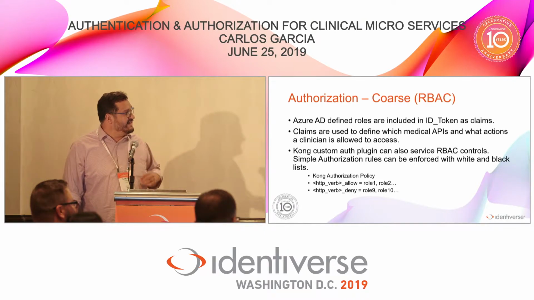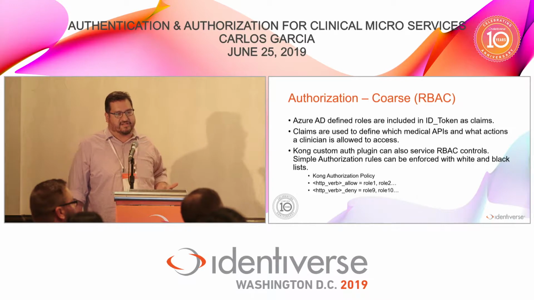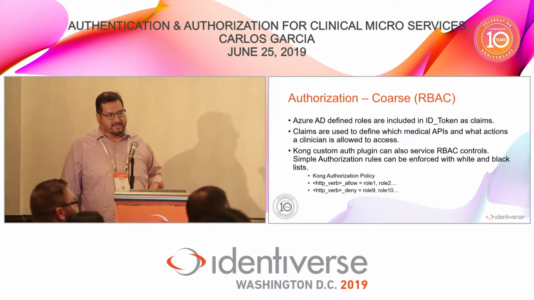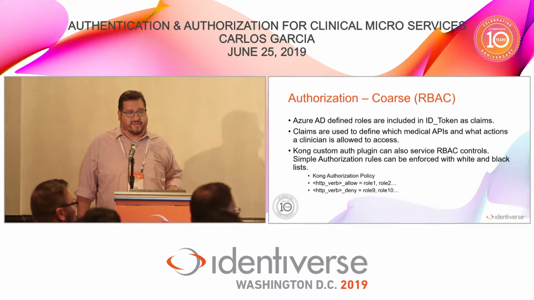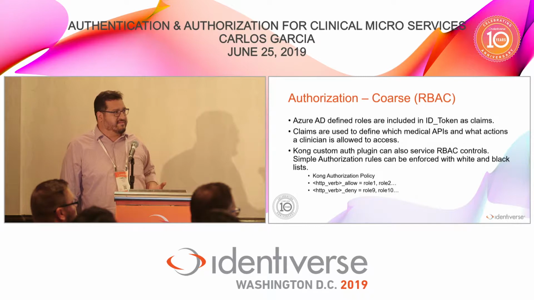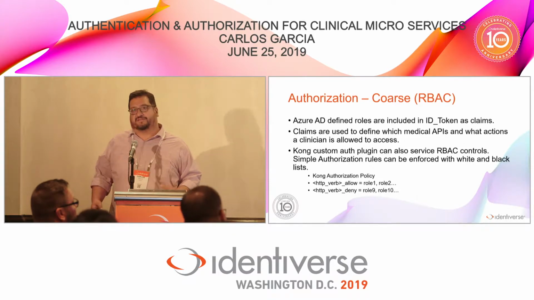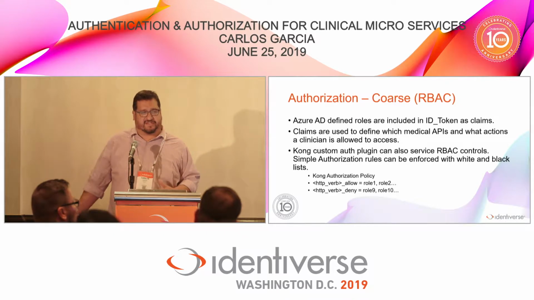Anyway, so next, getting into the coarse grain. So great, there's the basic authentication. Now, if you want to do some level of authorization, this is where we start looking at the ID token we're getting from Azure, and within it, we have the information of what claims we can use. As guidance to what APIs, what API routes you could create some action against.